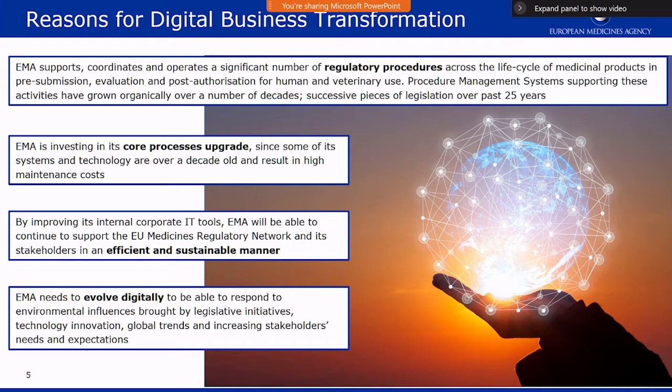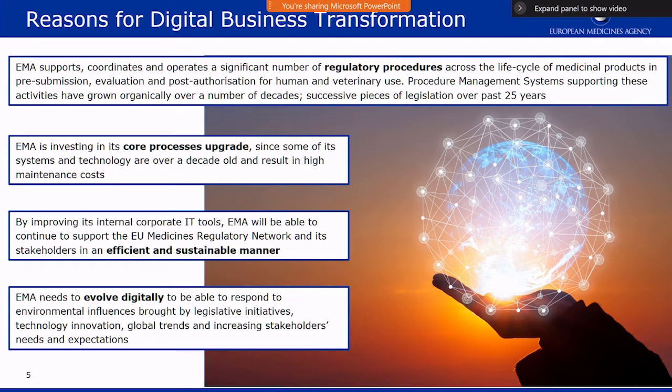So there is a need for EMA to invest in its core processes upgrade, because some of the systems and technology that are supporting these regulatory procedures are now over a decade old, and as you can imagine, they result in very high maintenance costs. So the aim is that by improving our internal corporate IT tools, we will be able to continue to support the EU Medicines Regulatory Network and its stakeholders.